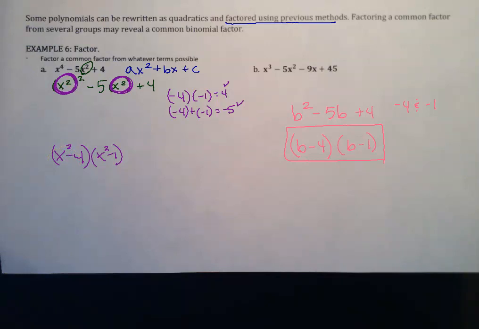If you were to write it like that, x squared, squared, minus 5 times the quantity x squared, plus 4, your variable always has to be x squared. And if you have x squared and just x, it won't work, right?